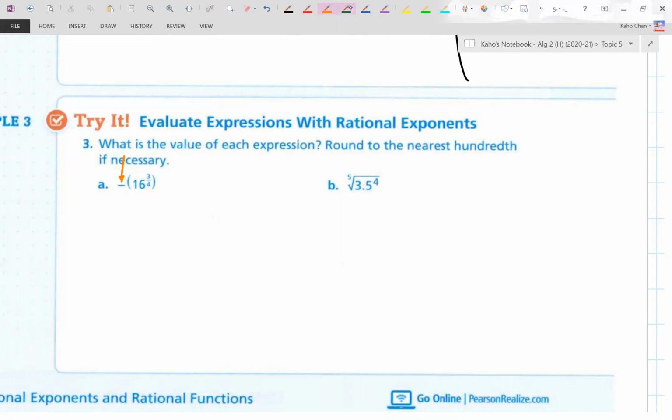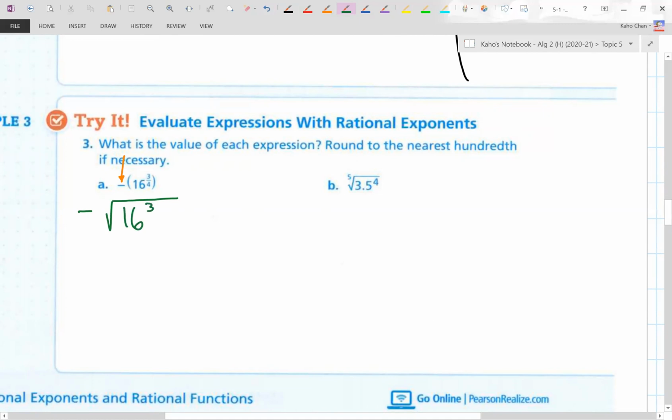So I would like to look at it this way. Negative 16 as a radical like this. 16 to the 3rd, and we have a 4 index. I like to expand those powers a lot of times.